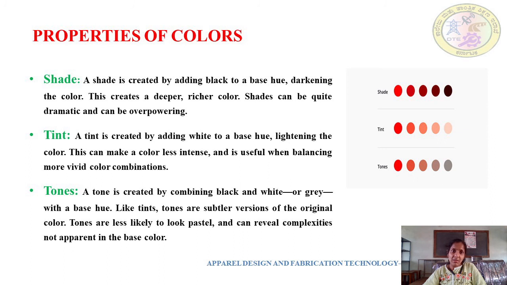The next is tones. What is tone? A tone is created by adding gray. What is gray now? Gray is the result of adding black and white in equal quantity. This base gray, added to any base hue, gives the tone.